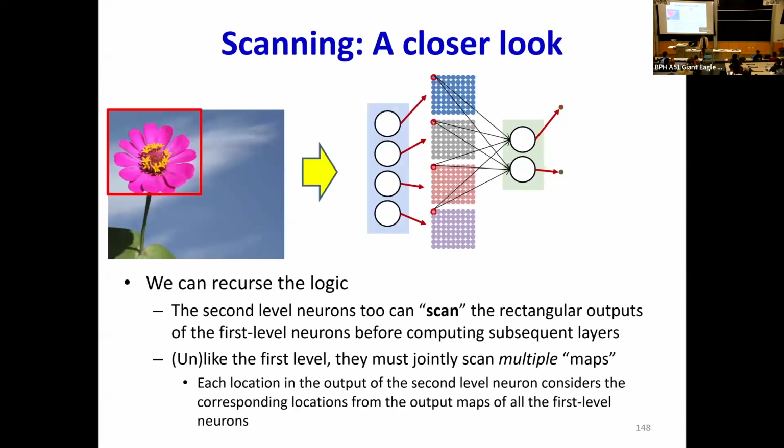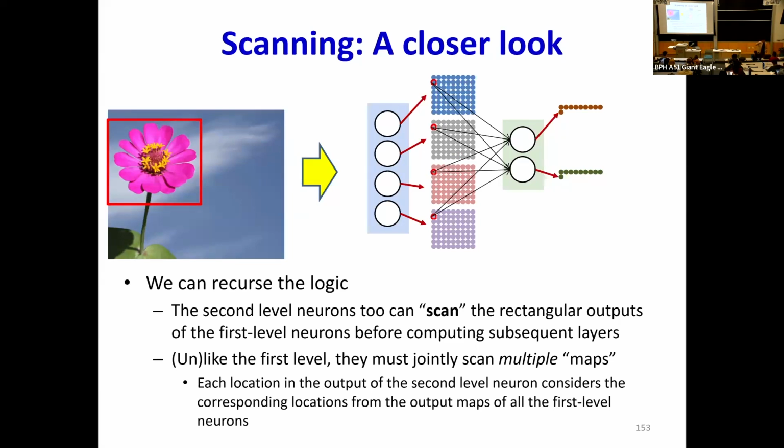And so, in fact, I can recurse the logic over here. After the first level neurons have done their computation, the second layer neurons, both of them in this case, can go and compute their outputs for each location of the input by simply reading the corresponding locations from the maps produced by the first layer neurons.